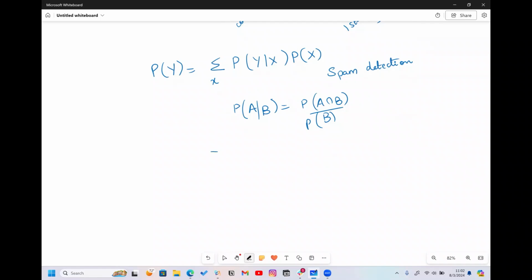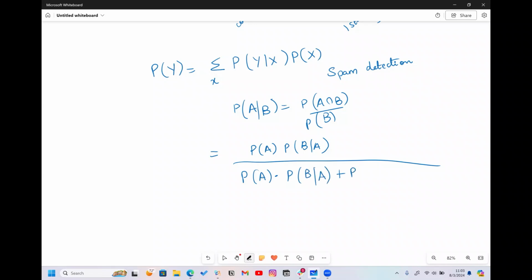And then this formula is further decomposed into something like this: probability of A times probability of B given A, divided by probability of A times probability of B given A plus probability of A complement times probability of B given A complement. This is one form of Bayes theorem.